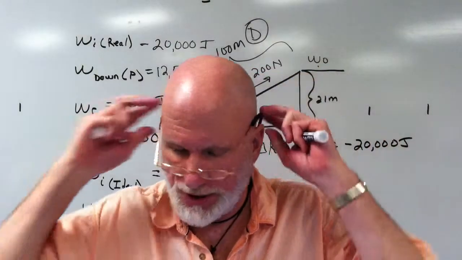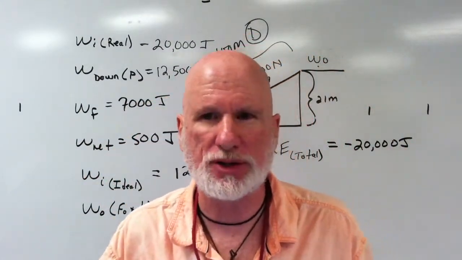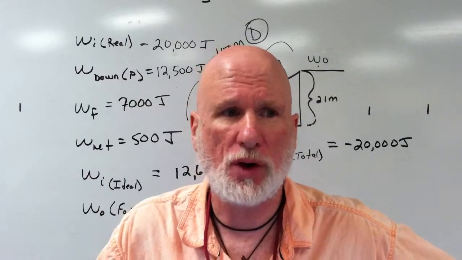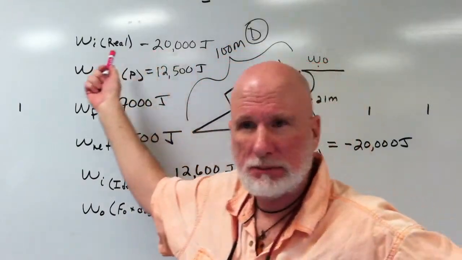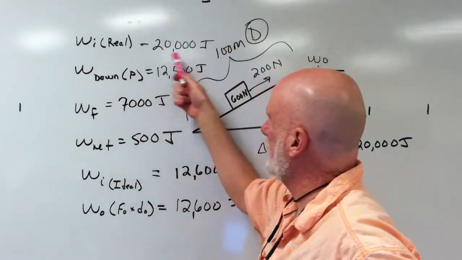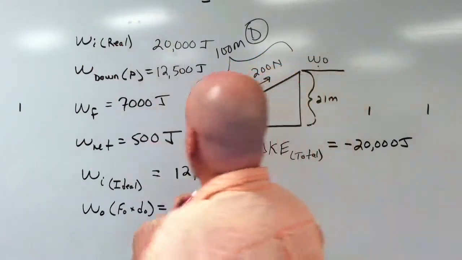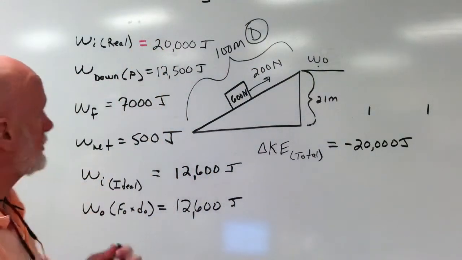Okay, this is part D. I want to just finish up. I want to do some accounting for the energy, okay? The real W_I will be negative, equal to 20,000 joules.